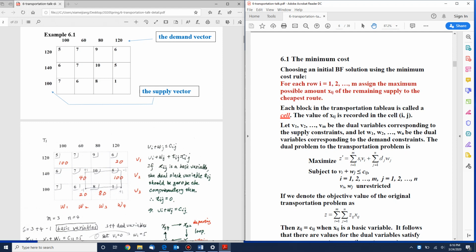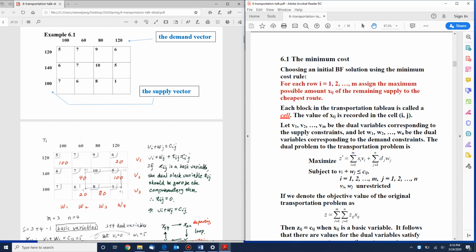If we go back to the tableau, we first start with the first row. In the first row, you could see the costs in the blocks are $5, $7, $9, $6. So 5 is the smallest cost, right? So here we put as much as possible into it.